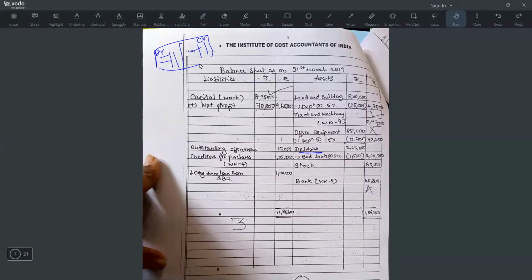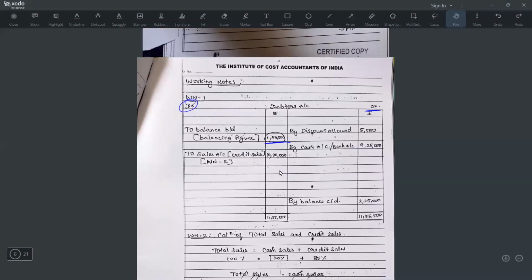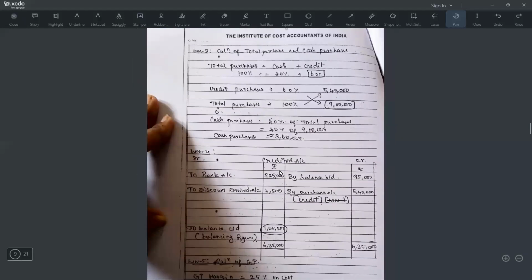So what you need to do now is write both in a single page. Is it possible to write it in a single page? Yes, it is possible. I have written it and I have shown you. And you should give references to it also. Wherever possible, give the working note reference. You are not only writing the working notes, you should give the references also. Then only the examiner will go and check that part.